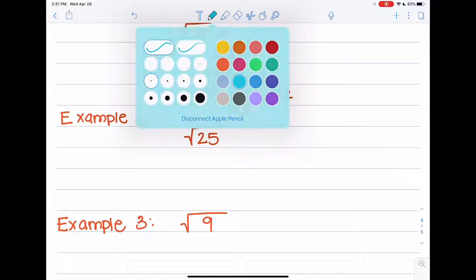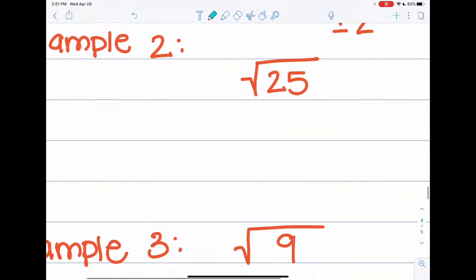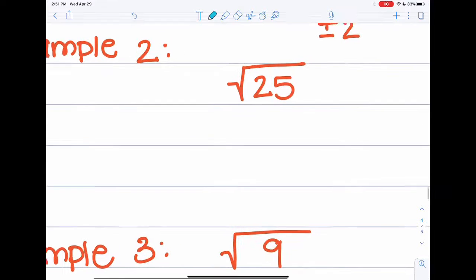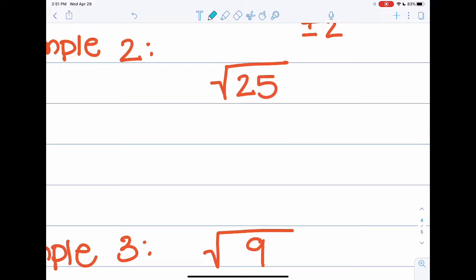All right, let's look at another example, and I'm going to pick a different color. So square root of 25. Okay, so how do I find the square root of 25? Once again, I ask myself, what number times itself gives me 25? Hopefully you know 5.